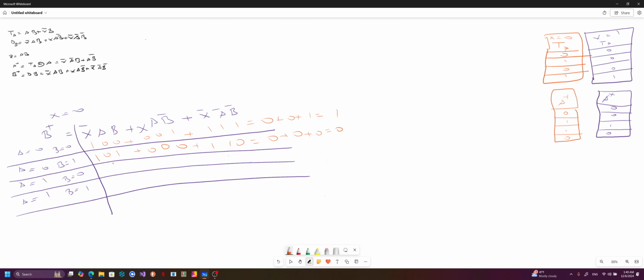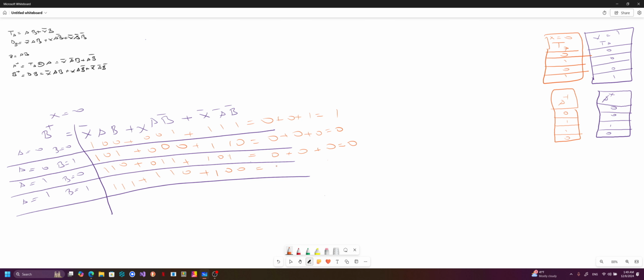And this one, 1, 1, 0 plus 0, 1, 1 plus 1, 0, 1 equals to 0, 0, and 0. And this will be 0. For this, 1, 1, 1, 1, 1, 0, 1, 0, 0.